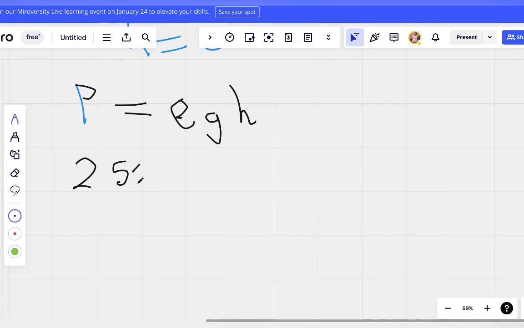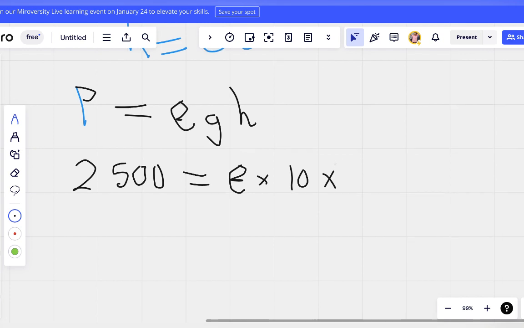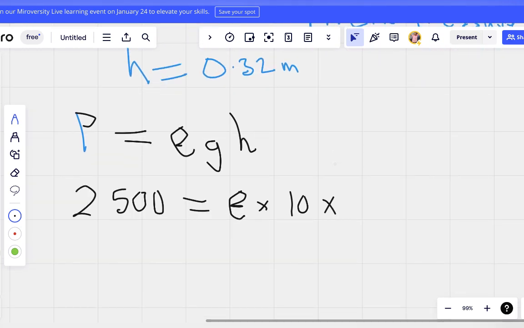We substitute 2,500, which is the pressure we've just calculated, is equal to the density, which we don't know. We use this symbol, rho, to represent density, times gravity, which is 10, times the height, which is 0.32.